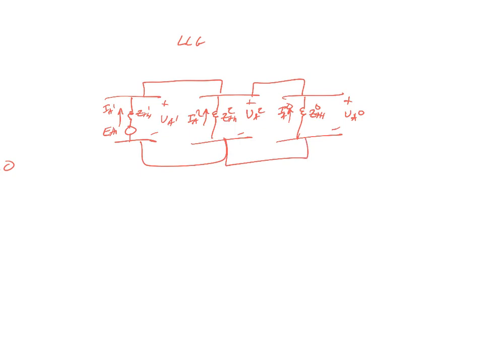Now at this point, it depends on how you do it, but if I want to solve for IA1, it's going to be E Thevenin divided by Z Thevenin 1 plus the parallel combination, because the two impedances are in parallel with each other. The next step, there's a bunch of different ways to do it, but probably the easiest way is to solve for VA1, which is equal to E Thevenin minus IA1 times Z Thevenin 1.